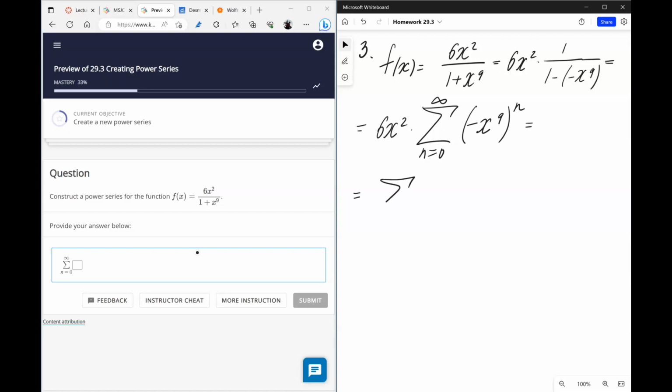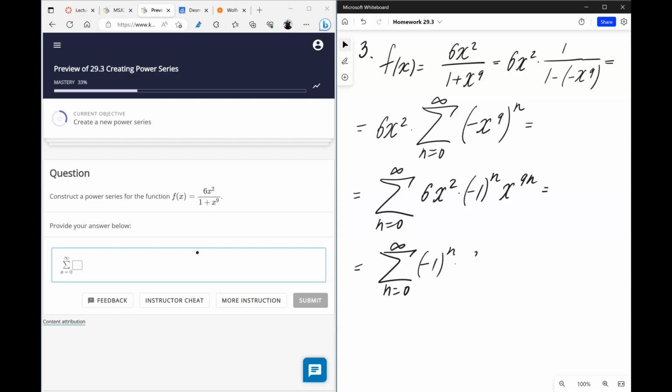We're going to do two things here. We're going to bring the 6x squared inside, and we're also going to distribute the power n over. And now we're going to combine everything and simplify. So we have negative 1 to the power n times 6x to the power 9n plus 2.